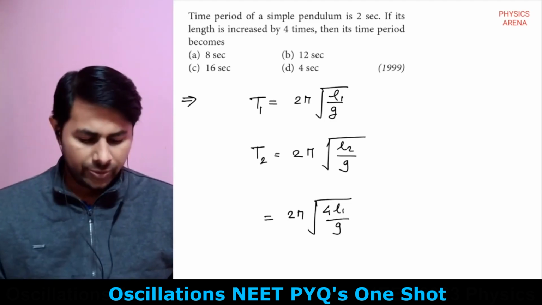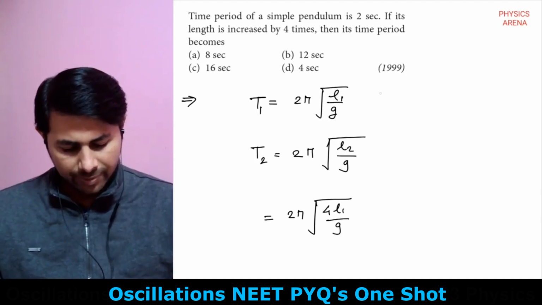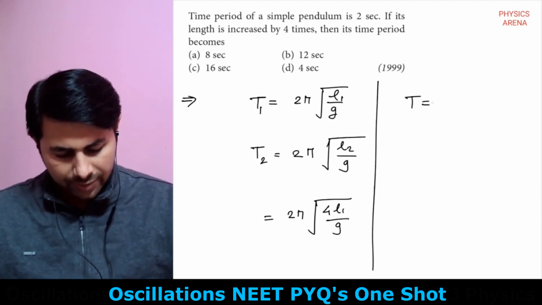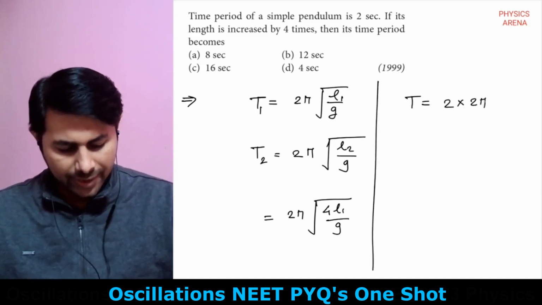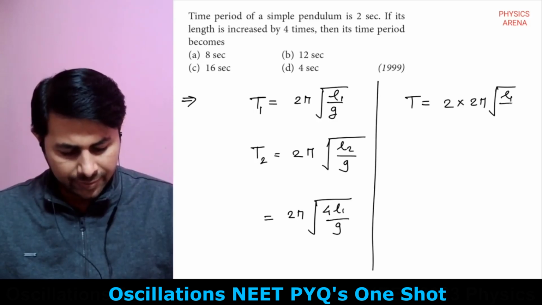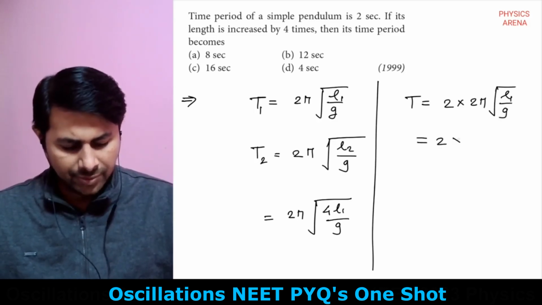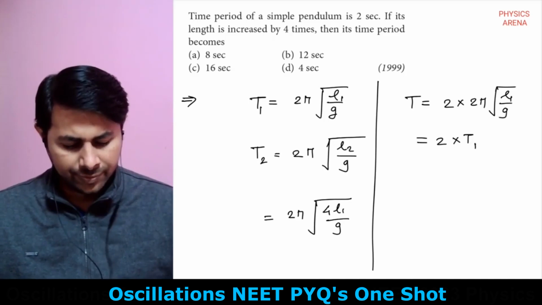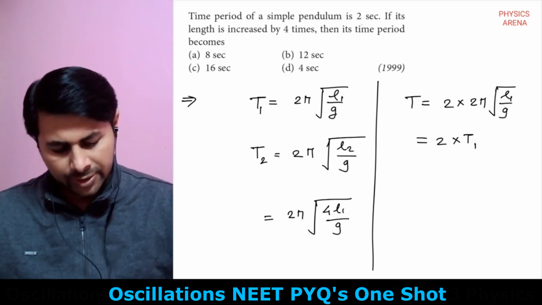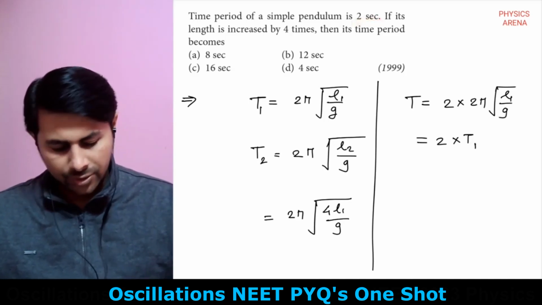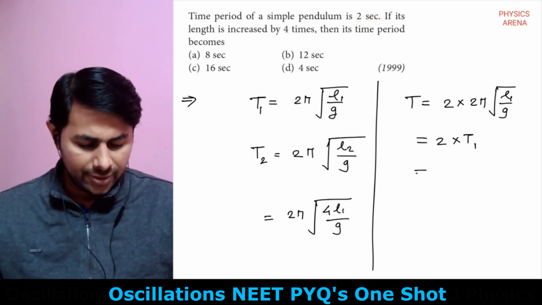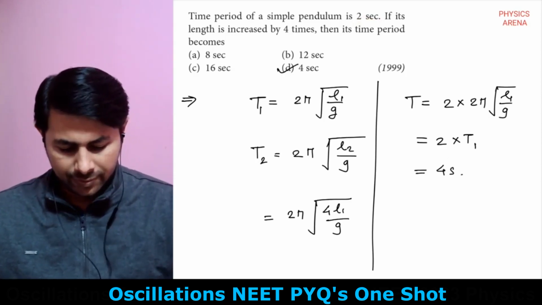Take square root of 4: it is 2 multiplied by 2 pi root of L1 by g, that is 2 times T1. T1 is 2 seconds, so T2 is 2 times that, 4 seconds.